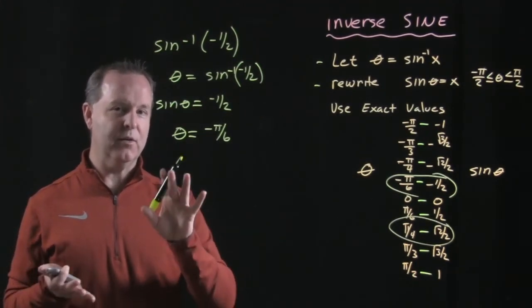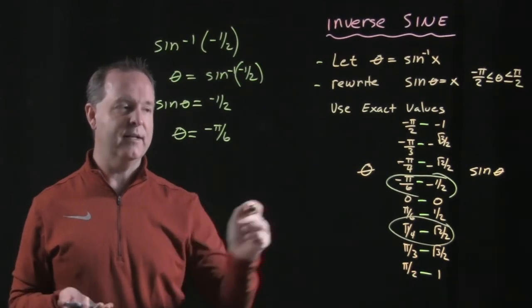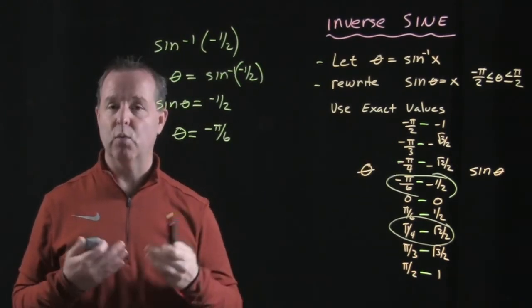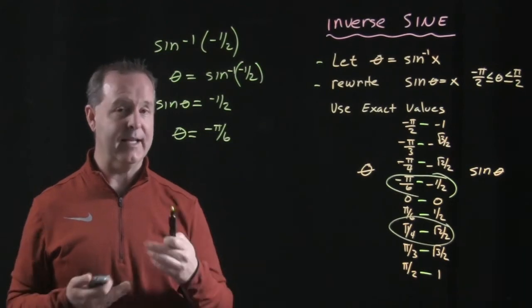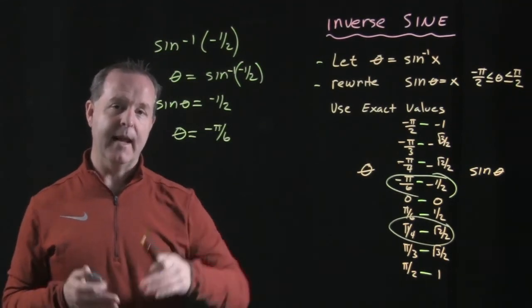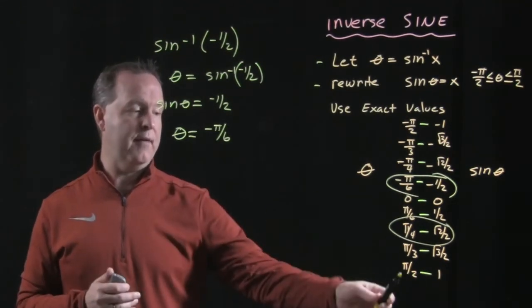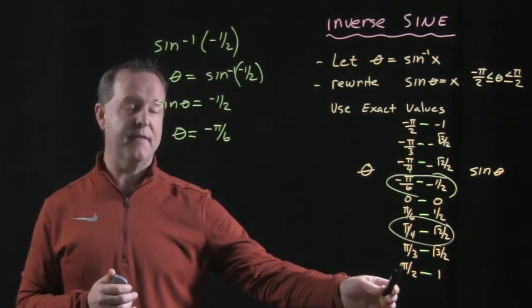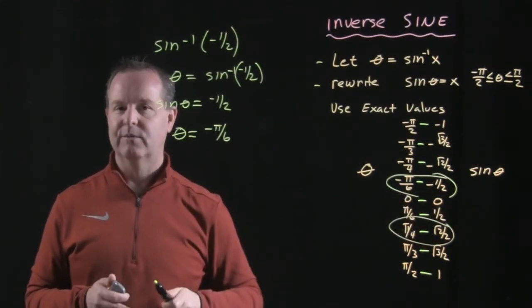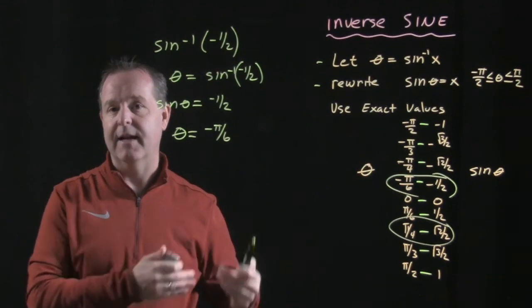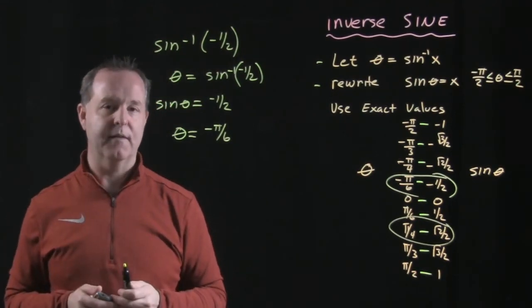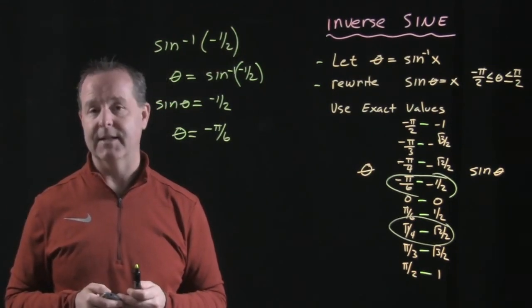Where you might be getting a little confused is, one, we're looking at these values. Those are the ones that you can look up, or we're beginning to commit to memory. And then rather than beginning with the theta and solving for the sine of theta, we're going to begin with the sine of theta and solve backwards to find out what's the theta, what's the angle that makes that sine true.